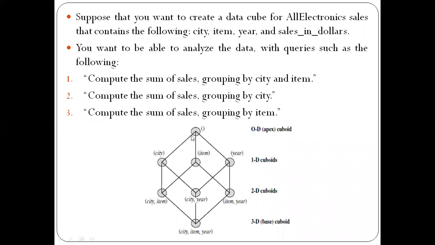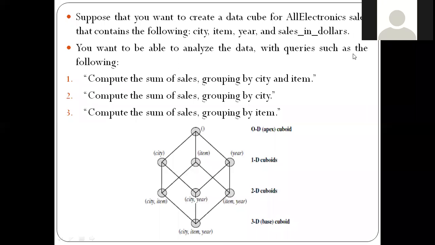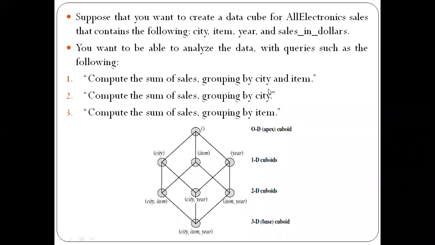Suppose a SQL query doesn't contain any group by, then that SQL query is called a zero dimensional operation. Here, in compute the sum of sales group by city and item, this is the operation. Here you have mentioned the dimensions with respect to which you want to perform the operation, that is city and item.